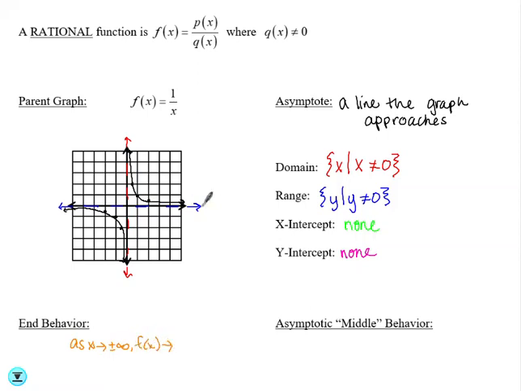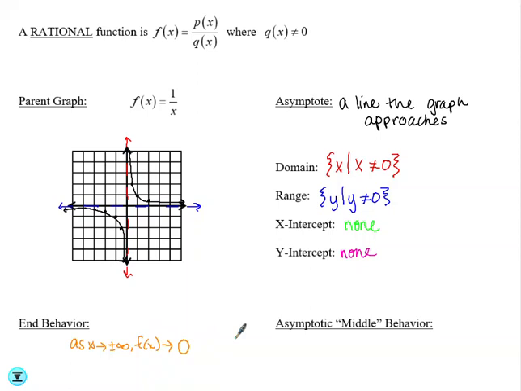So if you look at the right end and the left end, both ends of the graph approach the horizontal asymptote, which is 0. If by chance the ends are going in different directions, you will have to split up the end behavior into two statements. As x approaches positive infinity, what happens? And as x approaches negative infinity, what happens?